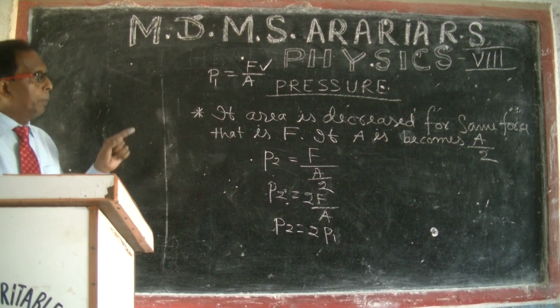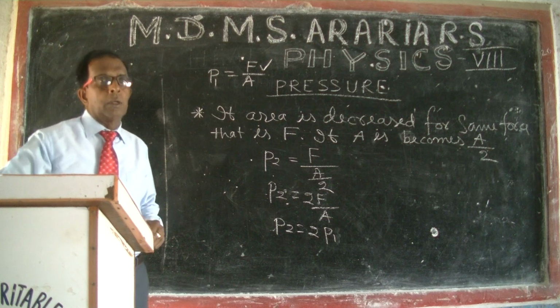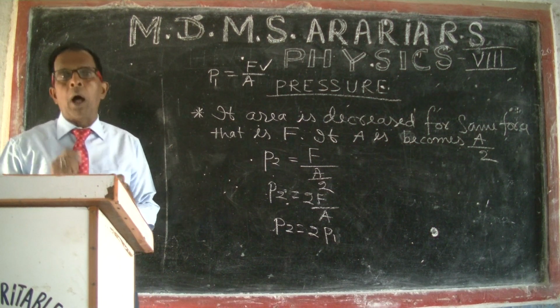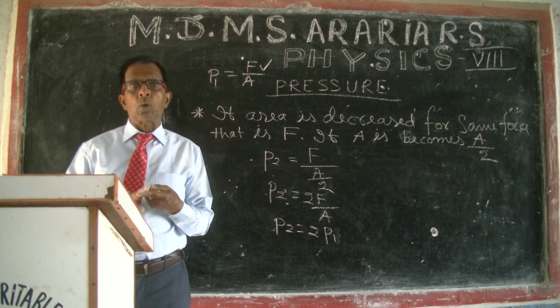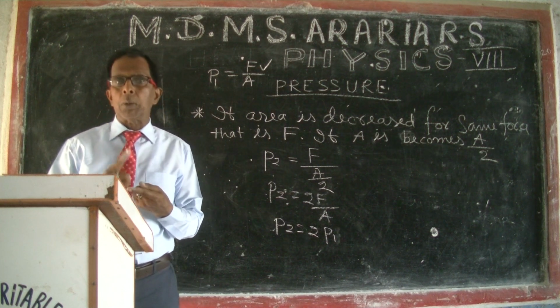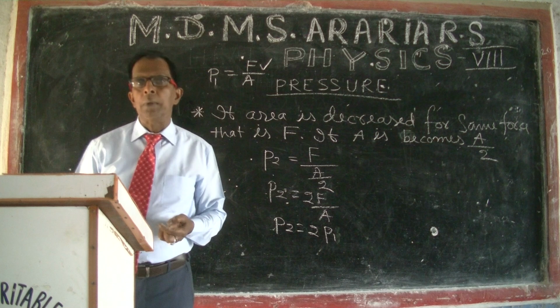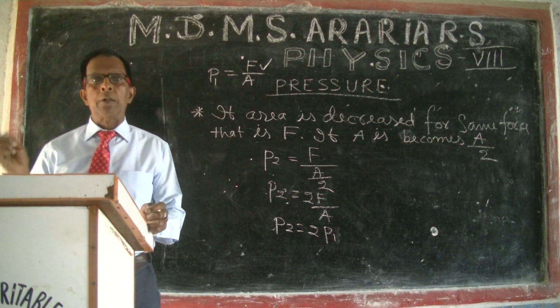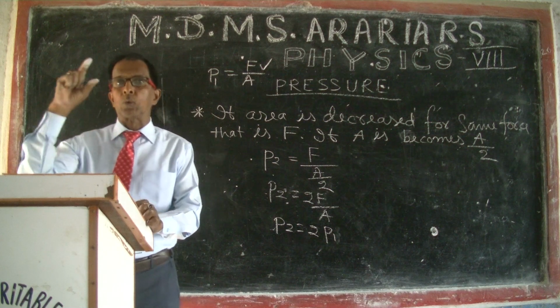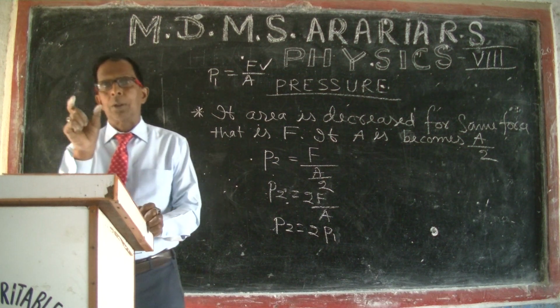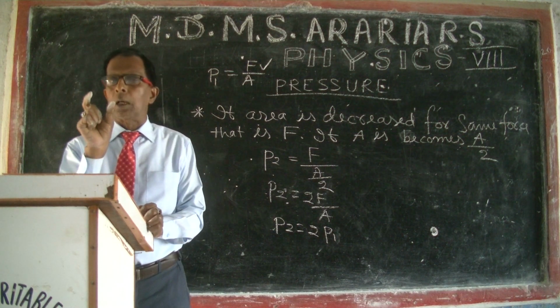And after understanding this, you are able to give the answer to why it is easy to cut vegetables with a sharp knife compared to a blunt knife. Why is the width of the belt of your school bag larger?